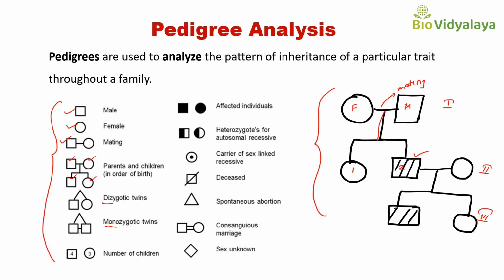Shaded ones represent affected individuals. This is heterozygotes for autosomal recessive. This is carrier for sex-linked recessive. This is deceased, that means recently dead. This triangle represents spontaneous abortion. Two lines between male and female represent mating between relatives, and this diamond shape represents sex unknown.